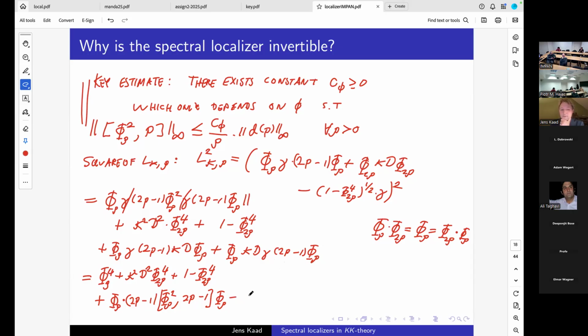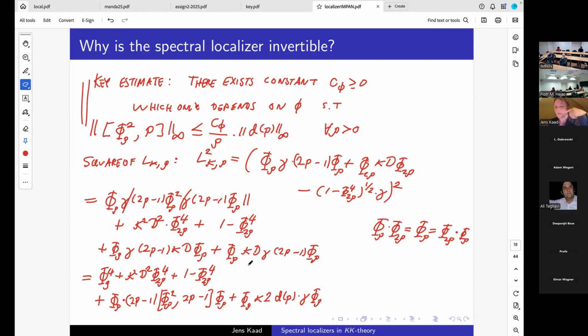So this third term is these two terms together. I have phi rho, I remember my kappa, then I get a quantum derivative times gamma, and then I have phi rho. Okay, so that is what happens when I take the square of this spectral localizer.